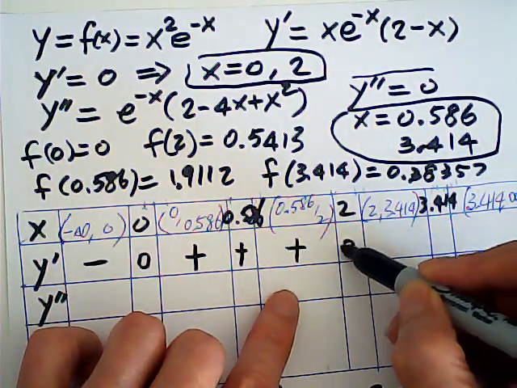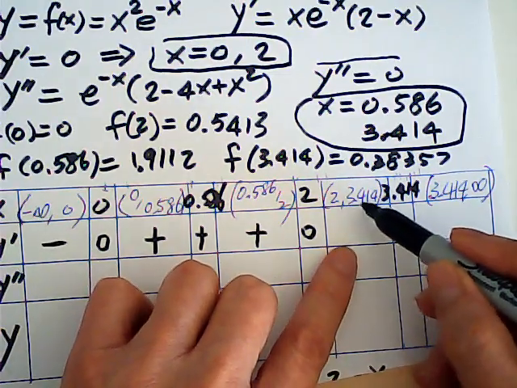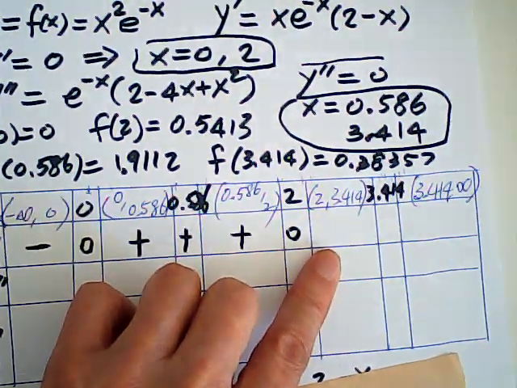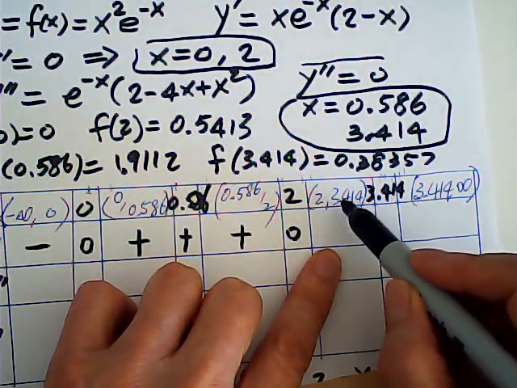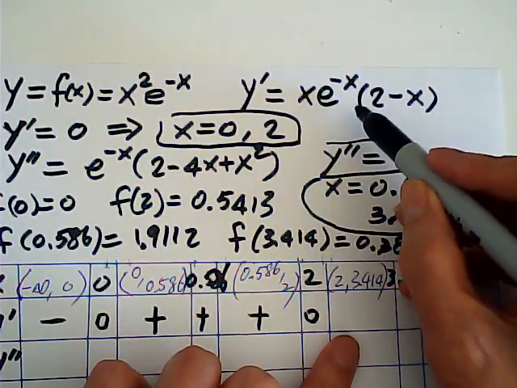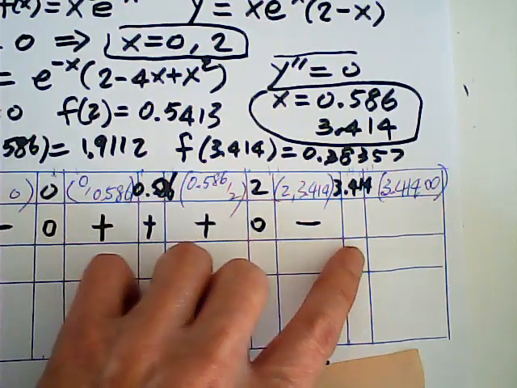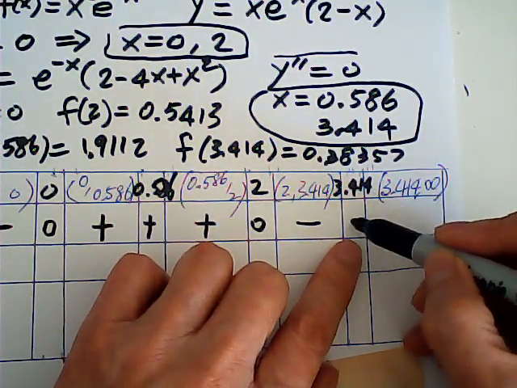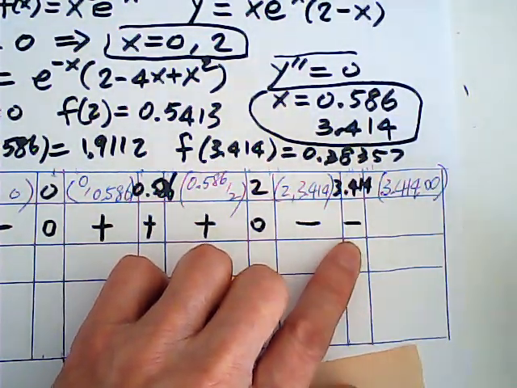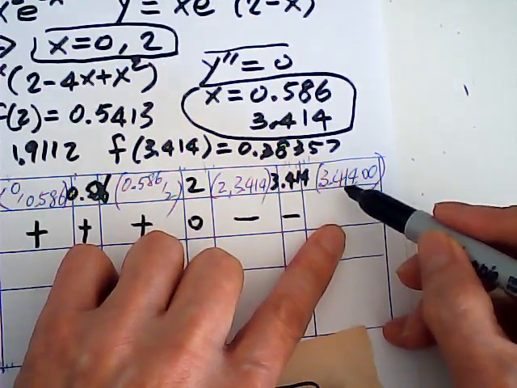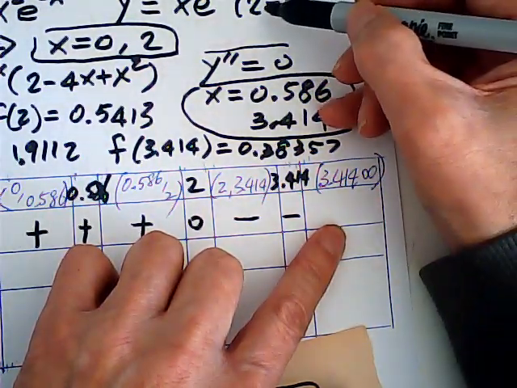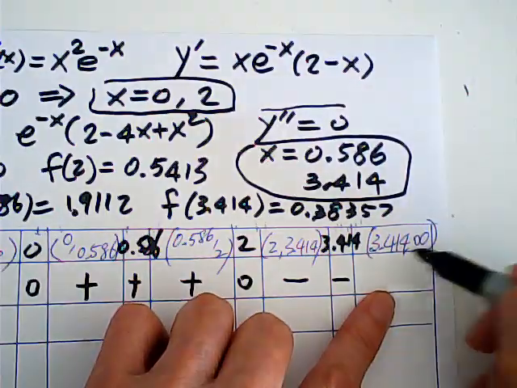This is 0, as we did. Then you pick up a value in this interval, put in the first derivative, and this is negative. And this is a point, right? Put it there, it's still negative. And pick up a value, put it into the first derivative, it is negative.